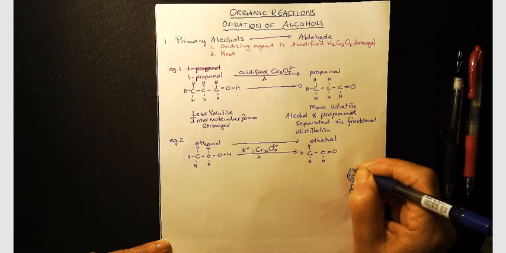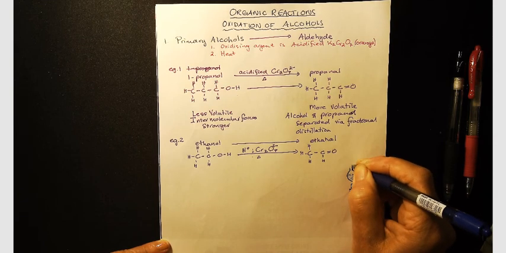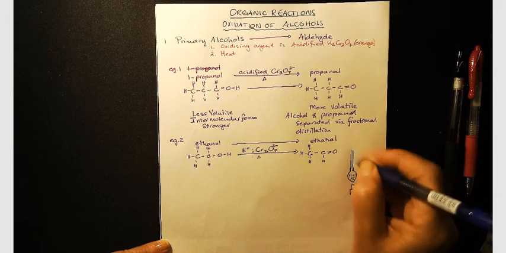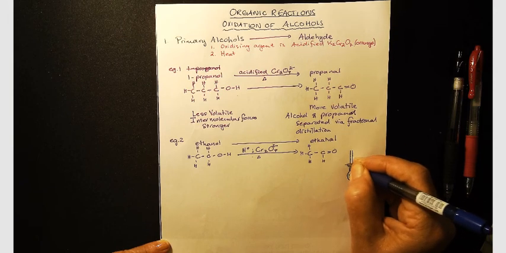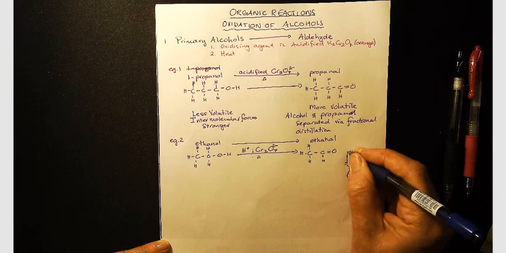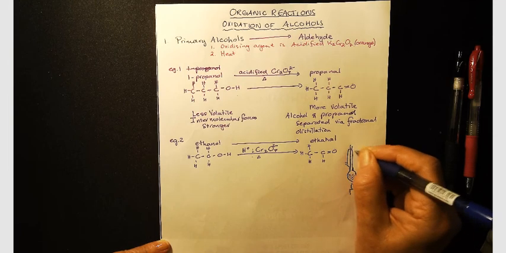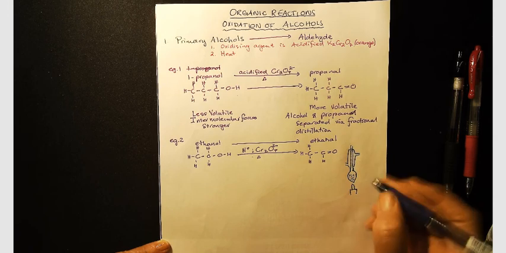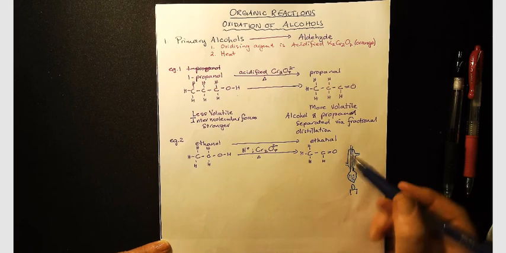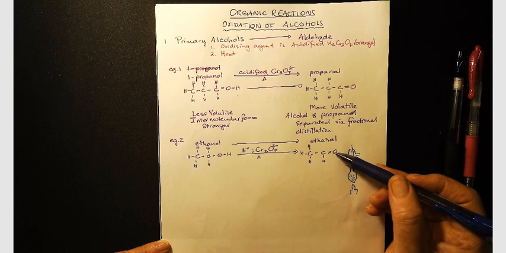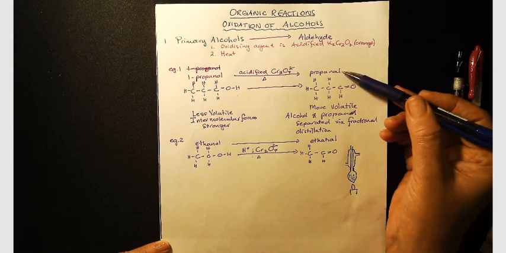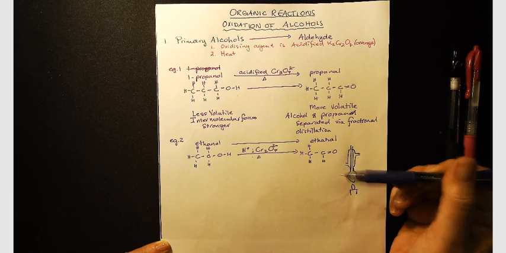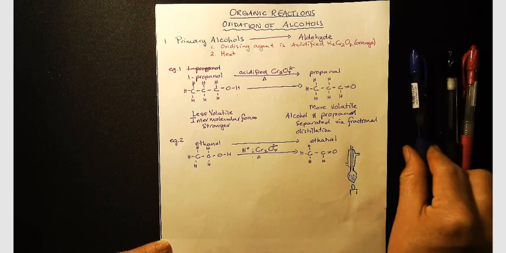If you continue heating this mixture of the aldehyde and the carboxylic acid under a process called reflux, then this aldehyde, the ethanal or the propanal, will continue the process of oxidation and form a carboxylic acid.